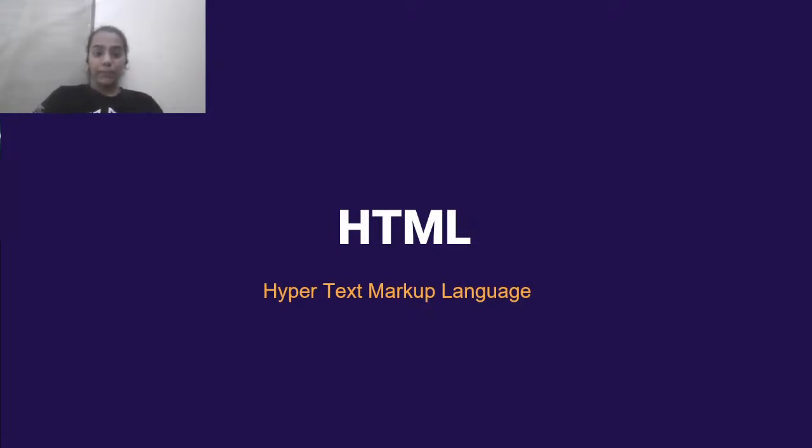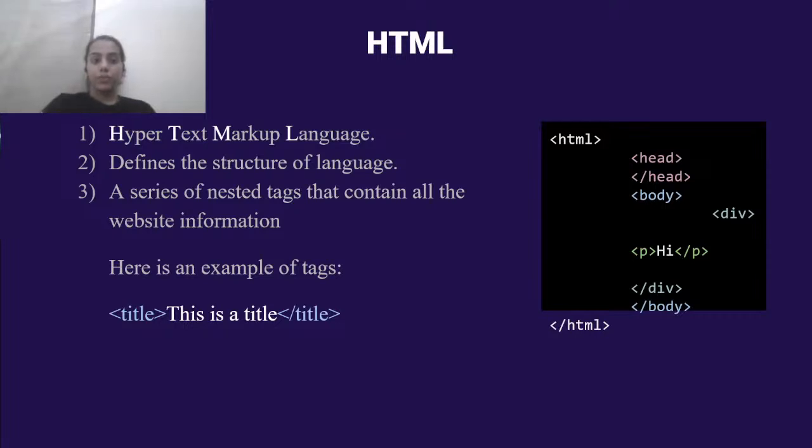Firstly, now we'll be talking about HTML. So let's move on and see what HTML is. HTML comes from the words hypertext markup language, which defines the structure of a document. So HTML allows us to define the structure of a document or a website. Now, HTML is not a programming language.